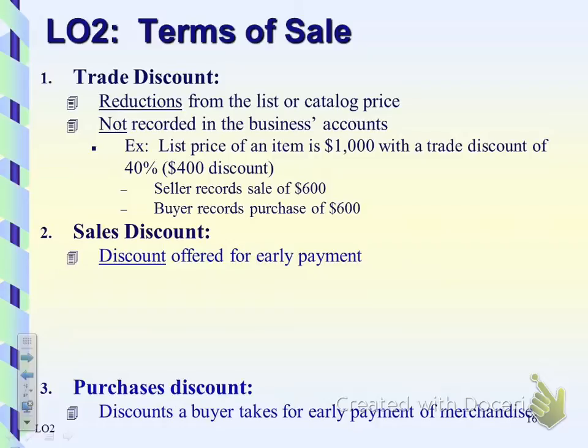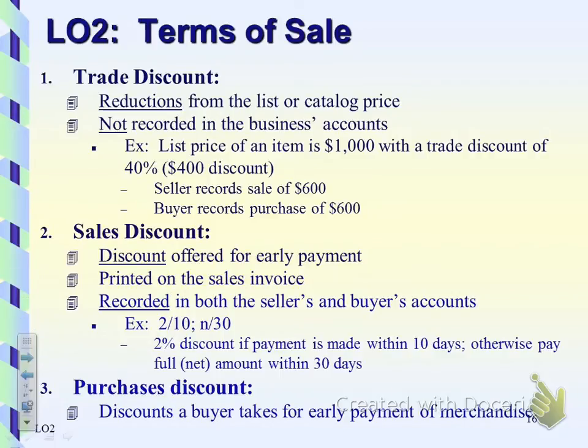Because remember, they've got to manage their cash flow too. So they're going to give me incentive to pay my payable to them more quickly. And that's what we call a sales discount. And that sales discount is going to be printed on the invoice. And that sales discount is recorded by both the buyer and the seller.